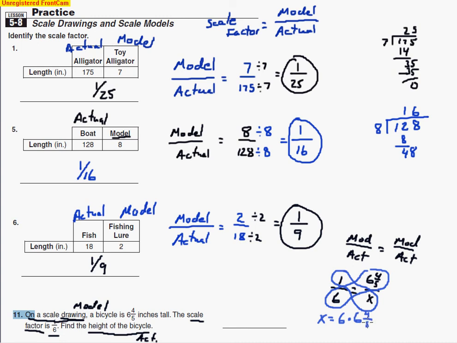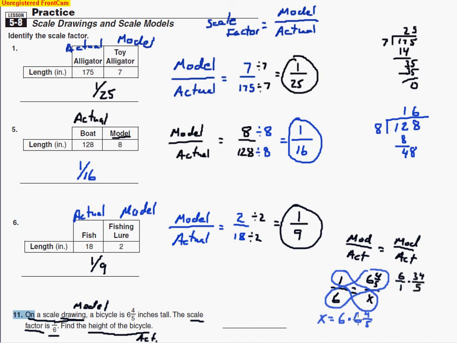And so from there, we need to change this to an improper fraction. So the way we do that is we do 6 times 5 plus 4. So I still have this 6 over 1. And then 6 times 5 is 30, plus 4 gives me 34, all over the divisor of 5.